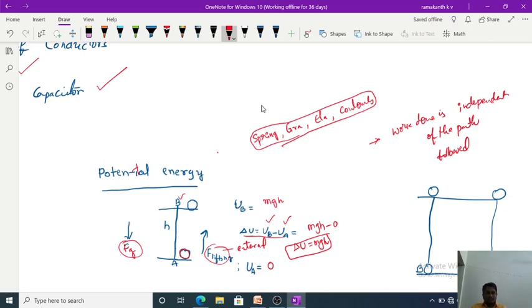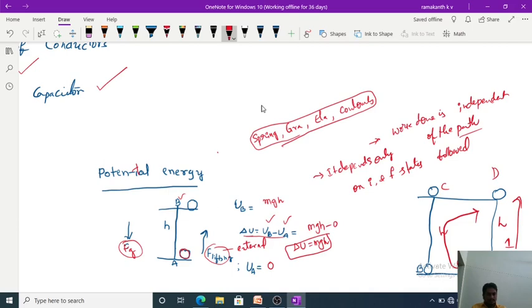The work done depends only on the initial and final states, independent of the path followed. For example, if your intention is to lift a ball from A to D, which is at a height h, you can go directly. So this is the first path. This is the second path: you are going from A to B, B to C, and C to D.